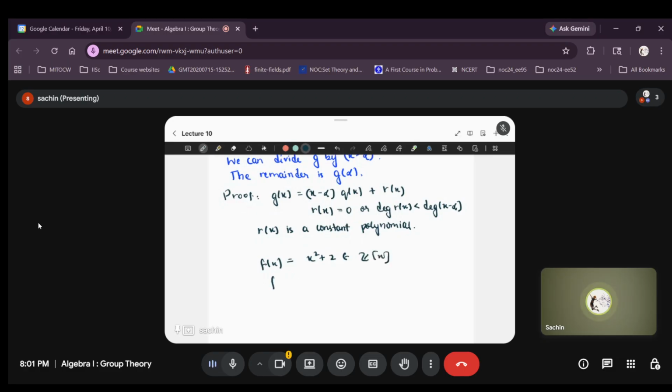You could say f of 3/2 is (3/2) whole square plus 2, 9/4 plus 2, which is 17/4. You could evaluate this way. But when you say x square plus 2 is a polynomial in Z[x], it really has nothing to do with this type of evaluation.